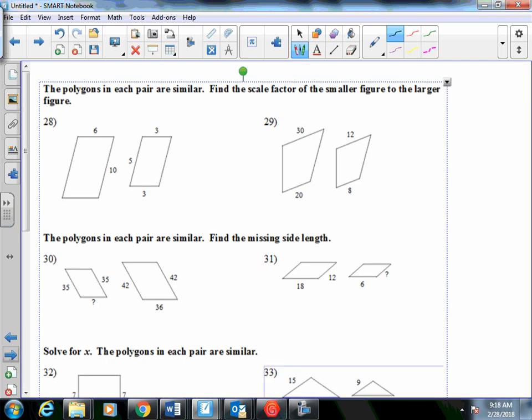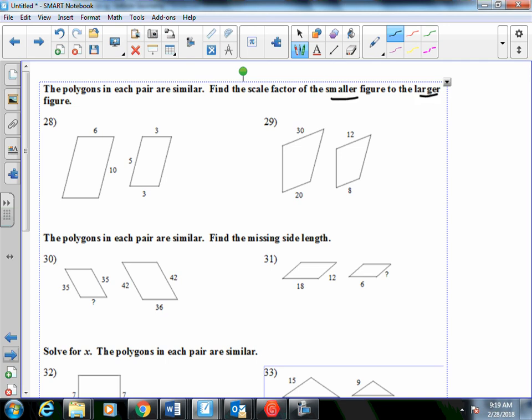All right. 28 and 29, the polygons in each pair are similar. Find the scale factor of the smaller figure to the larger figure. So we want to make sure it's smaller to larger. So in a fraction, the smaller one would have to go on top. If we do it as a ratio with the colon, then the smaller one comes first.